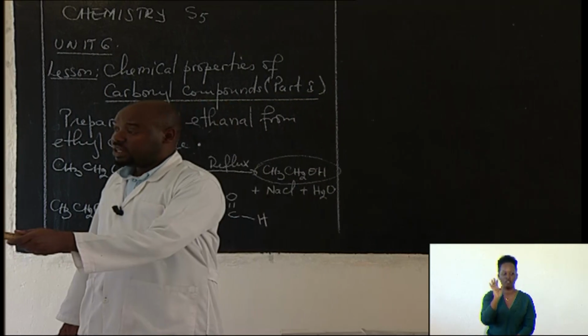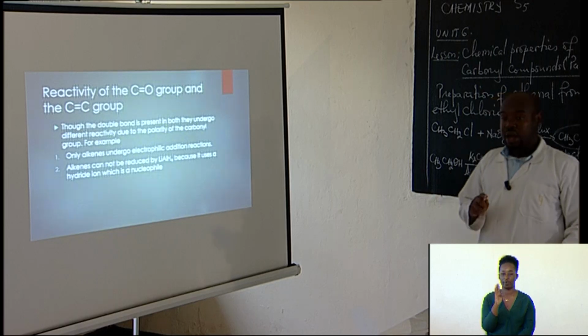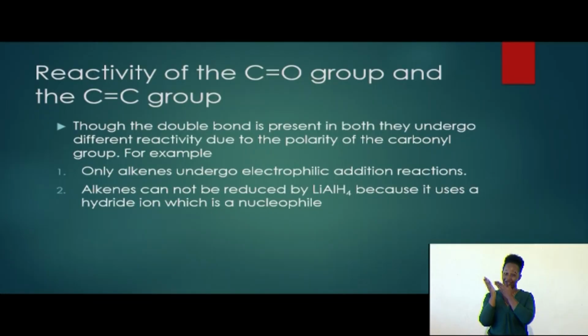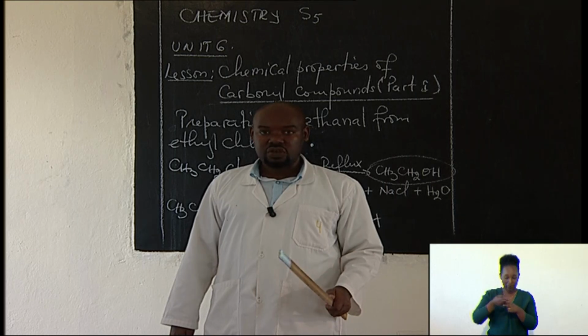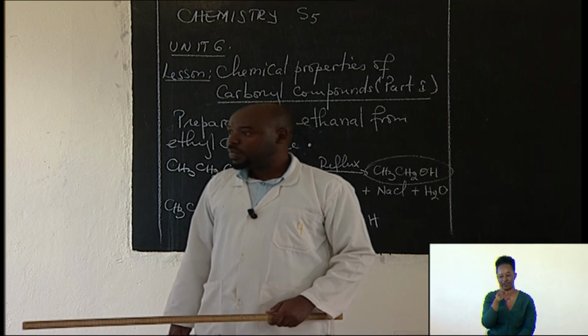So only alkenes with this double bond can undergo electrophilic addition reactions. For the carbonyl compounds, it is not possible. And instead of that electrophilic addition, they will undergo a new type of reaction, the one we are going to discuss very soon, the nucleophilic addition. We will see why it is called nucleophilic and explain.